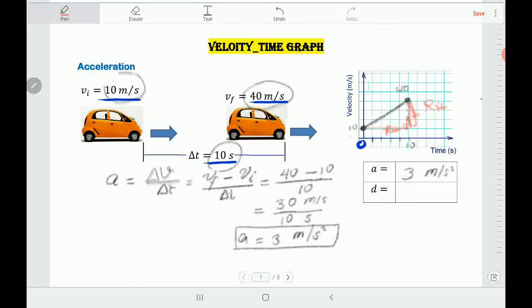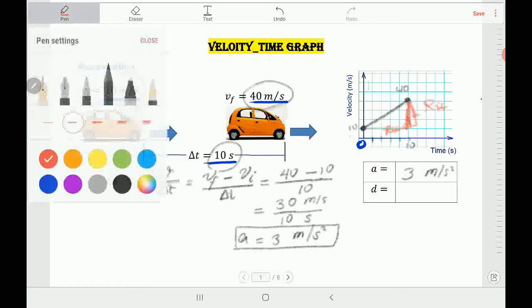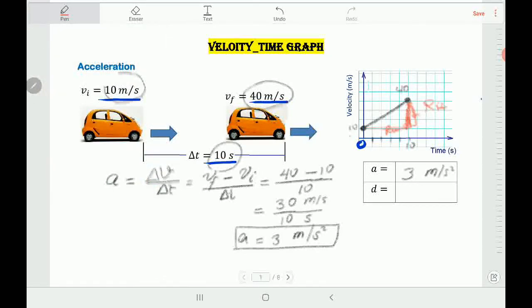The rise is actually the change of the velocity. Here you have the vertical line. The difference between this and this, that would be the final speed 40, when you go to this 40, and that's the 10, and the difference is equal to 30. So the rise is equal to 30. And this one is equal to 10, the time difference.